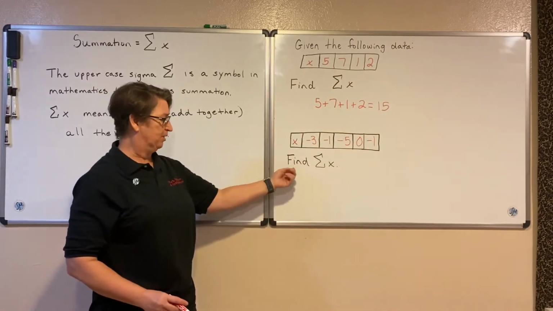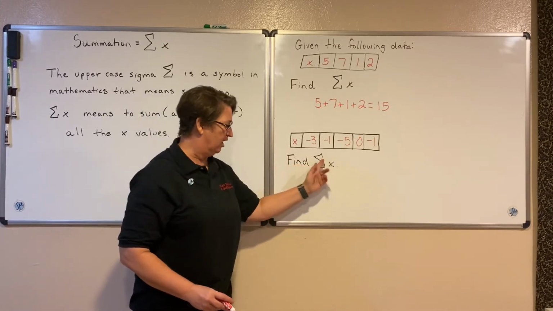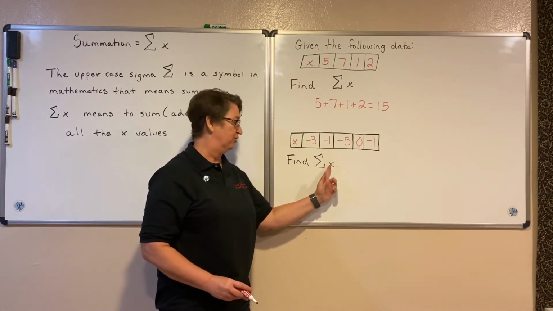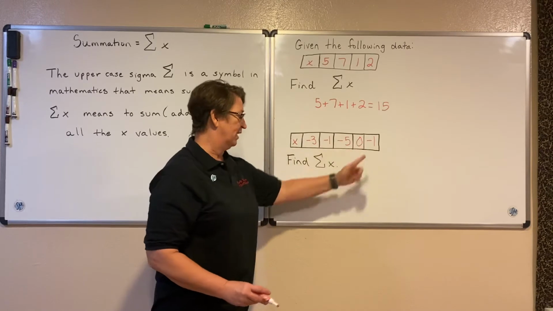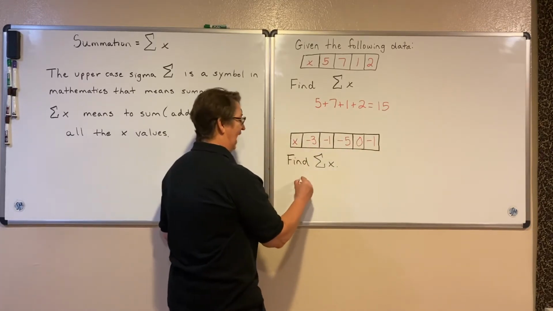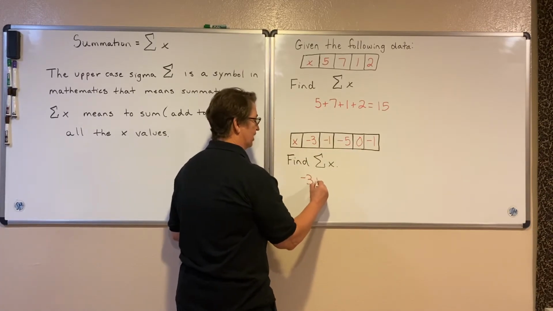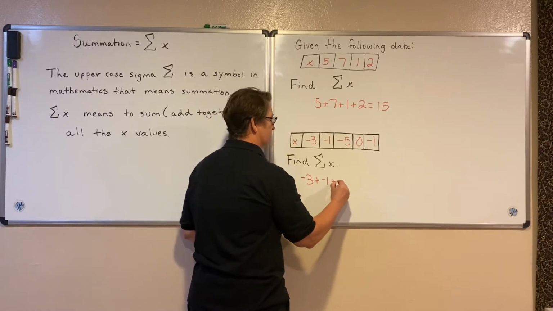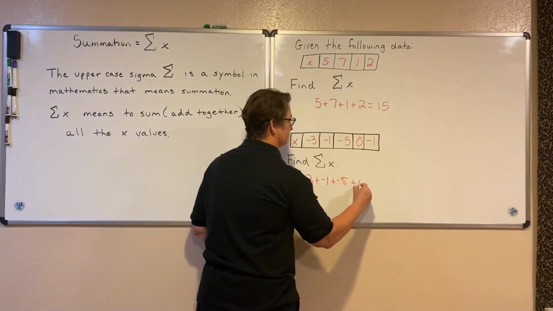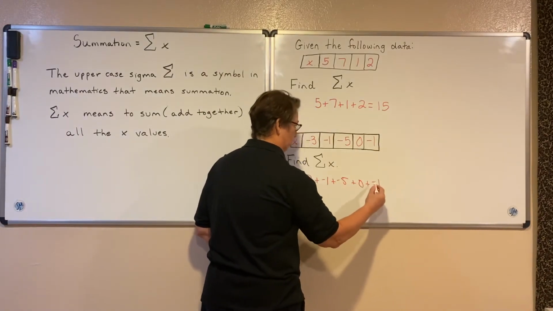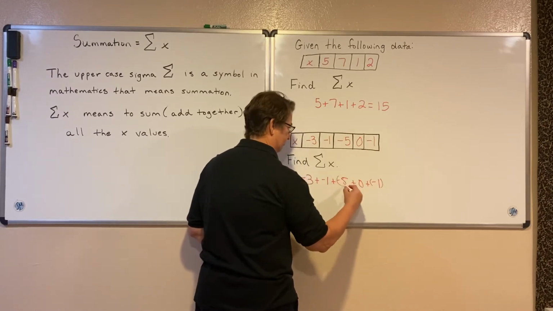Here's another example of it. I'm just going to find the sum of all of my data values. And here's a list of my data values. So I'm just going to add these together. So -3 plus a -1 plus a -5 plus 0 plus -1. Maybe we put those in parentheses.